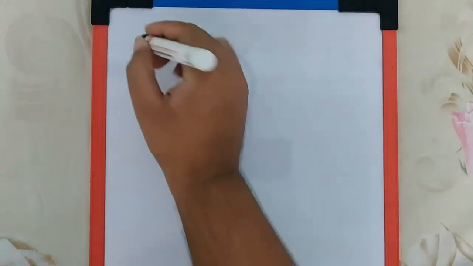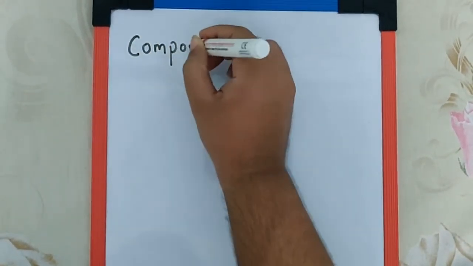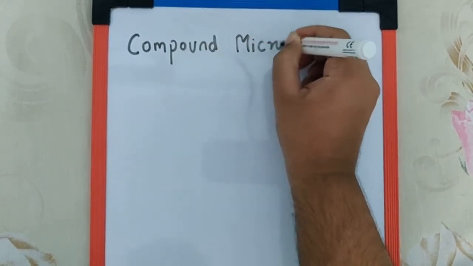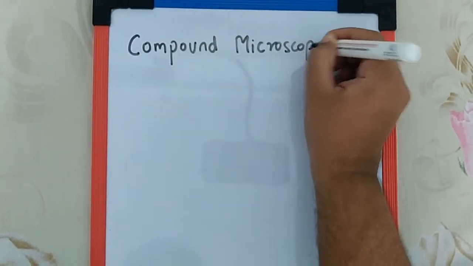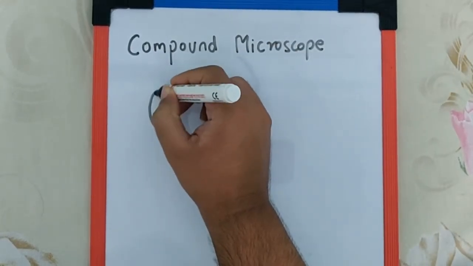Hello students, in this video we are going to discuss the concept of compound microscope. In case of compound microscope, as we know, we have two lenses.